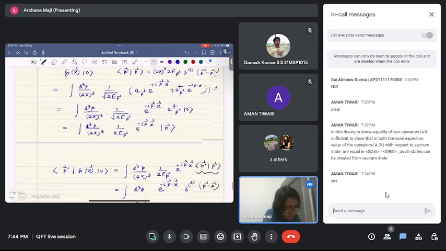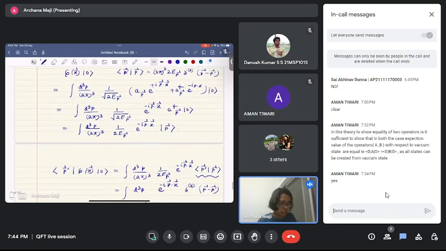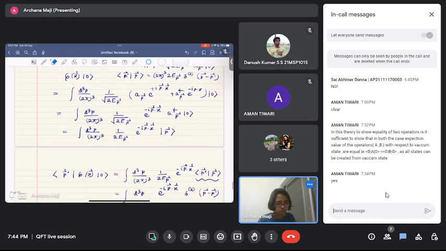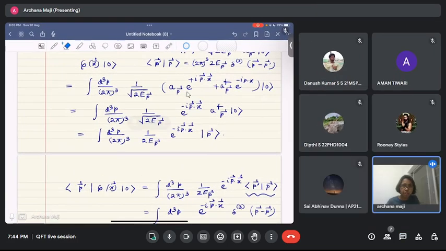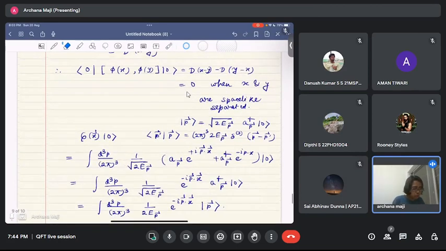That's why we are taking the expectation value with respect to the ground state. This is how we have done the quantization and defined our momentum states from the beginning: a dagger p acting on the ground state gives you the state p, the one-particle state with momentum p.